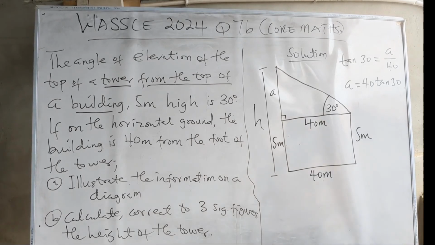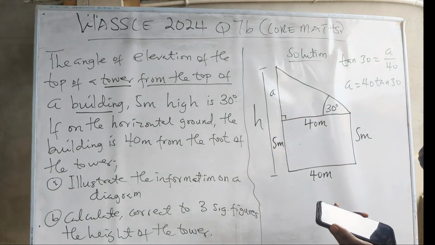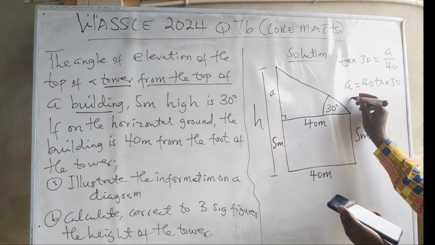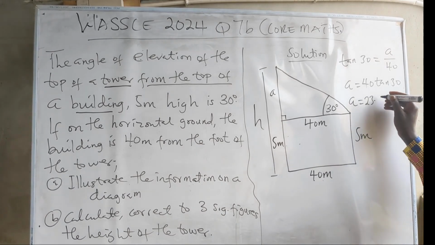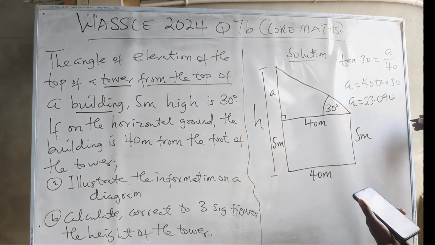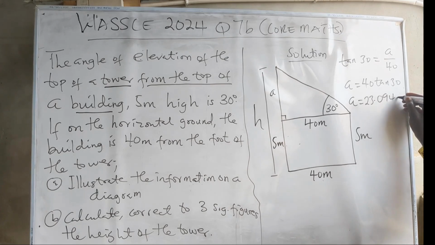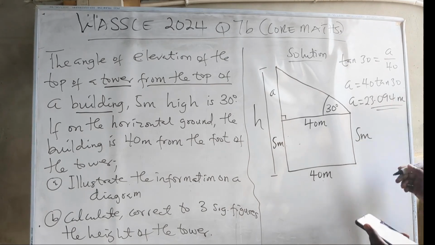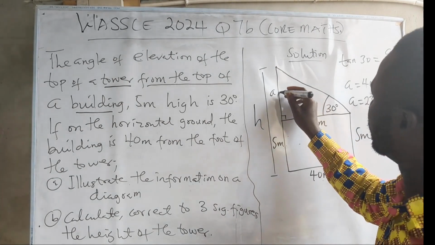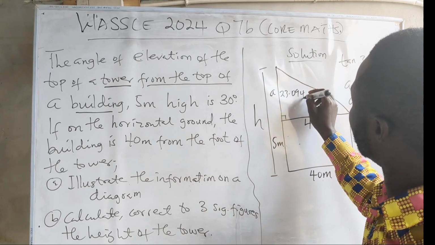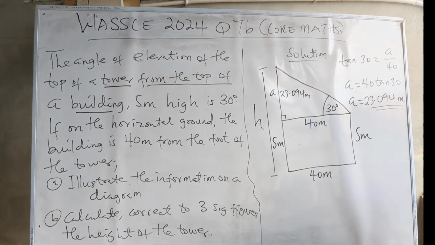So let's find 40 tan 30. We have 23.094 meters. So that is here.